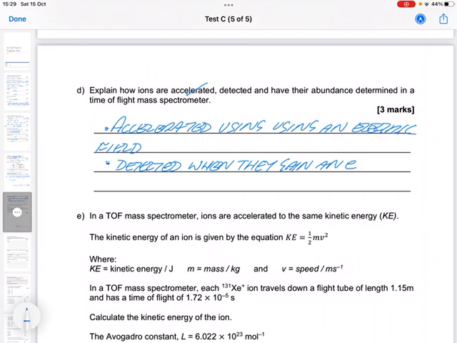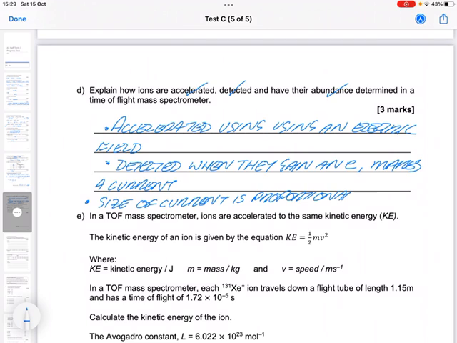And remember, this makes a current. And then the size of the current is proportional to the abundance.